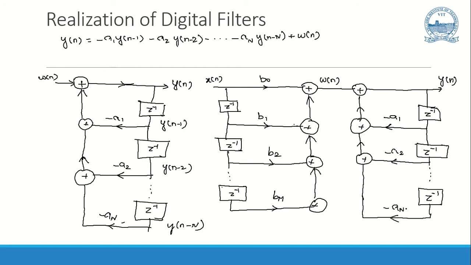Okay, so this is the realization of a digital filter, an IIR filter, using direct form 1. Now if you see this, how many delay elements we needed, how many multipliers we needed, how many adders we needed.